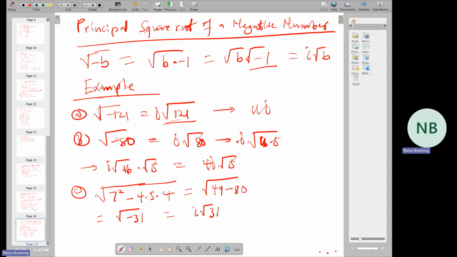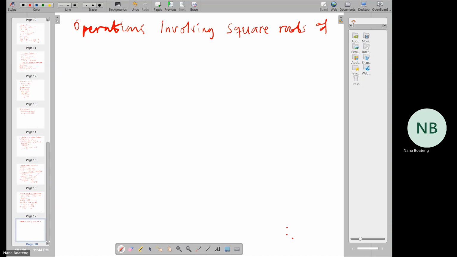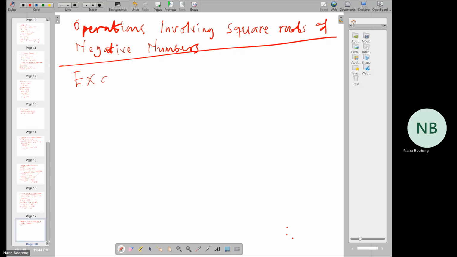All right. So let's look at some operations involving square roots of negative numbers.